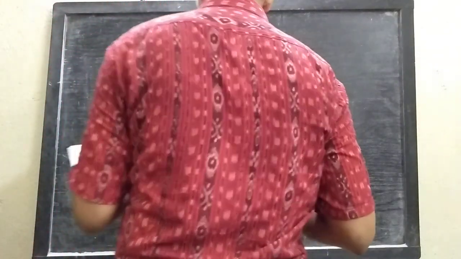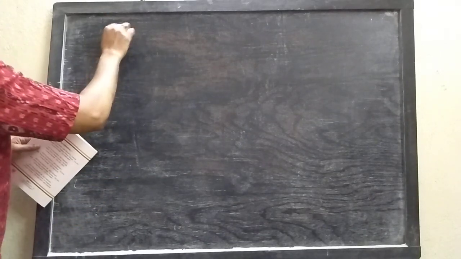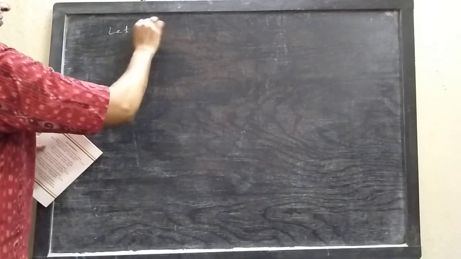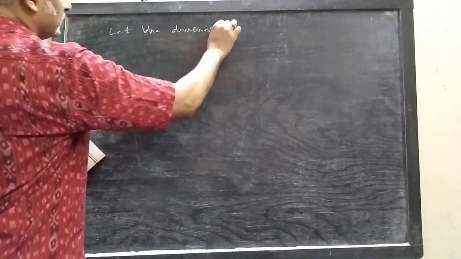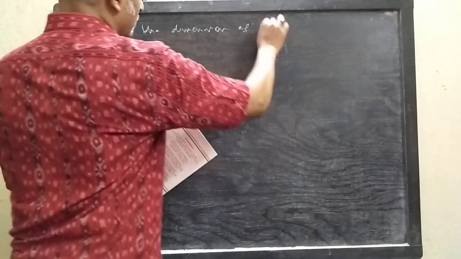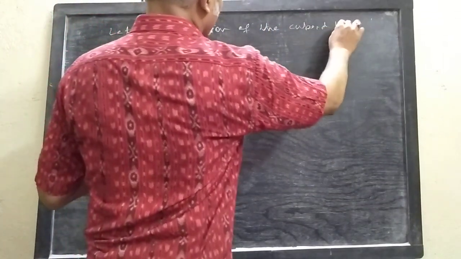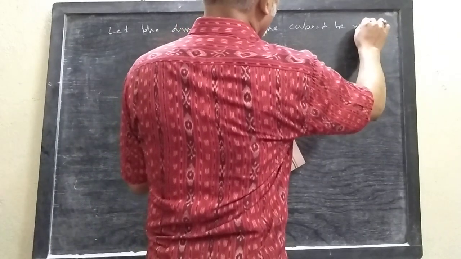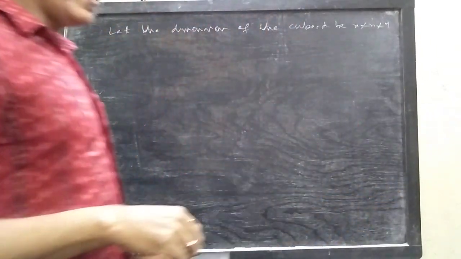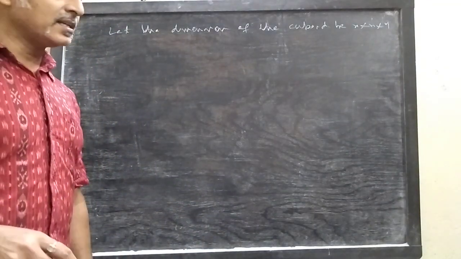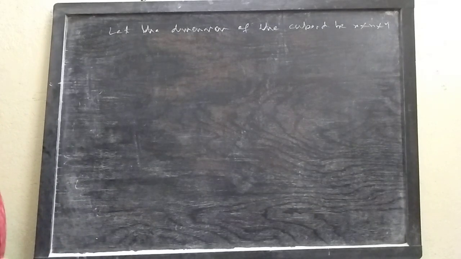So let the dimensions of the cuboid be x cross y, that is, the square base has its side of length x units and its height is y units.